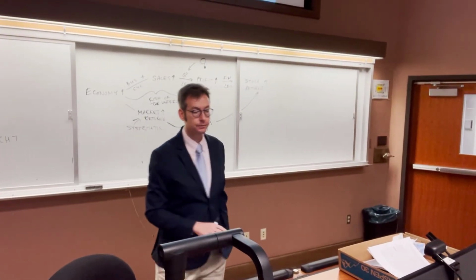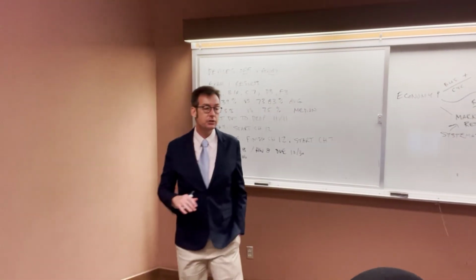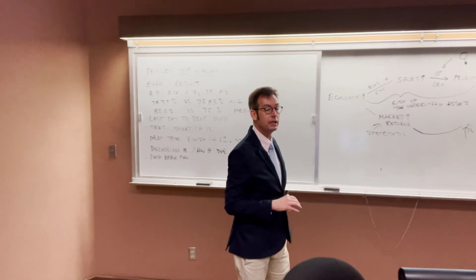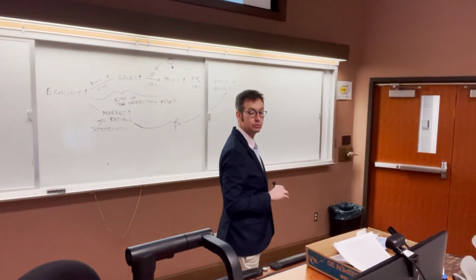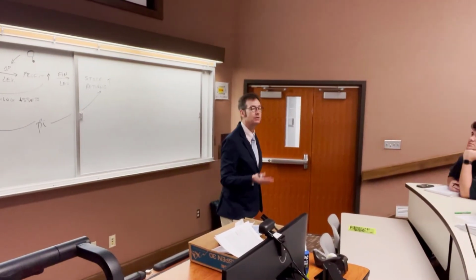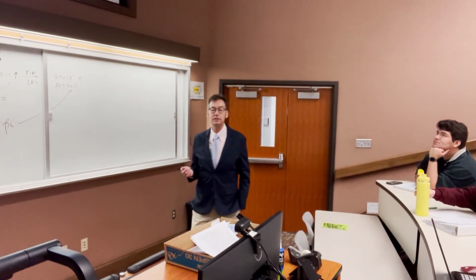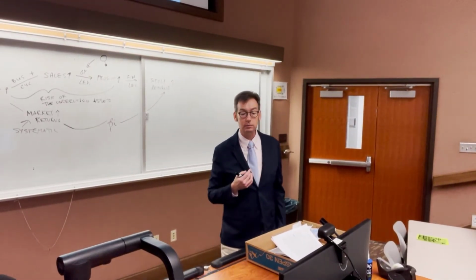Okay, now let's see what that allows us to do. We can actually rearrange and show that the beta of the equity is equal to basically the equity multiplier times the beta of the assets. How do I know it's the equity multiplier? It's 1 plus the debt to equity ratio. We said that is equal to the equity multiplier.